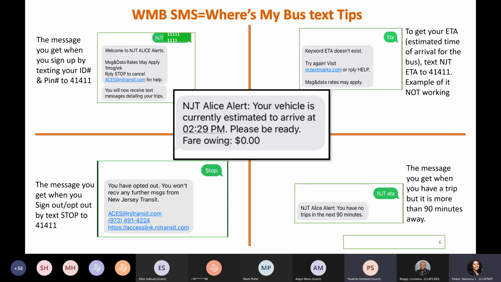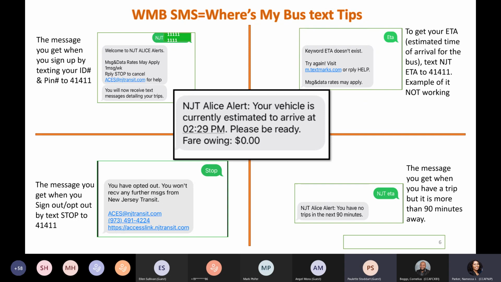Okay, so I was talking about the error message, and then I was going to go over this. If you do opt in to get these text messages, the picture in the center says NJT Alice Alert, your vehicle is currently estimated to arrive at 2:29 p.m. Be ready. Fare owing is 0. This is a sample of me using the Easy Wallet and prepaying my trip, so I don't have to bring any money with me to pay the driver, and that's when my vehicle will arrive.